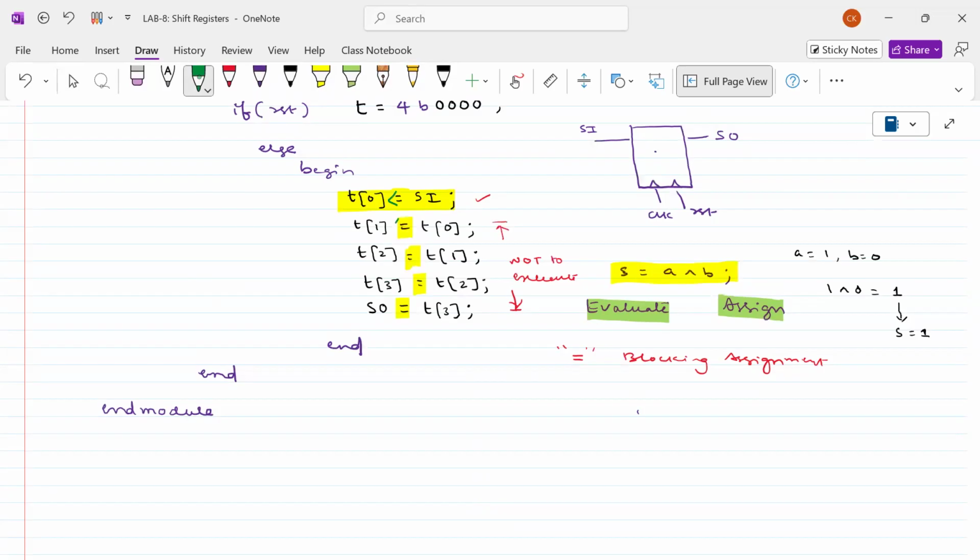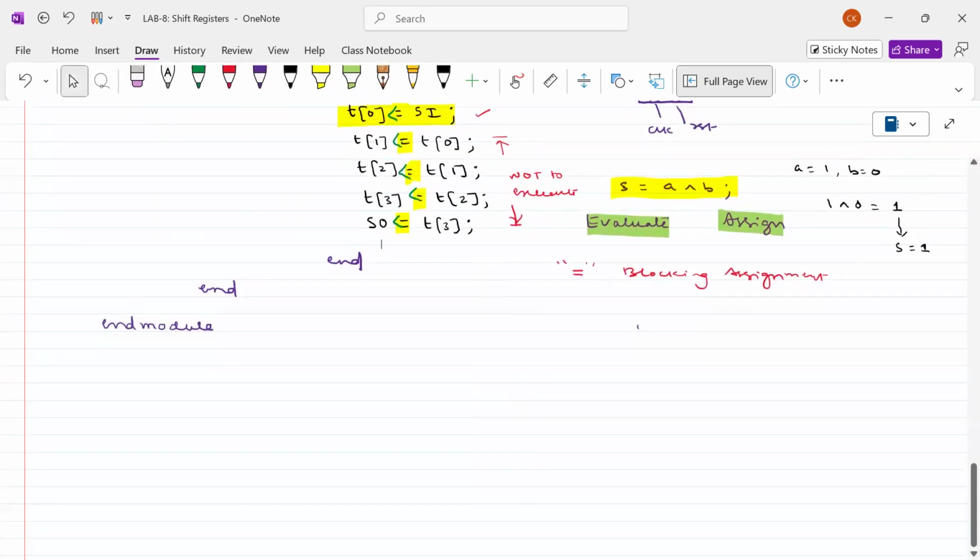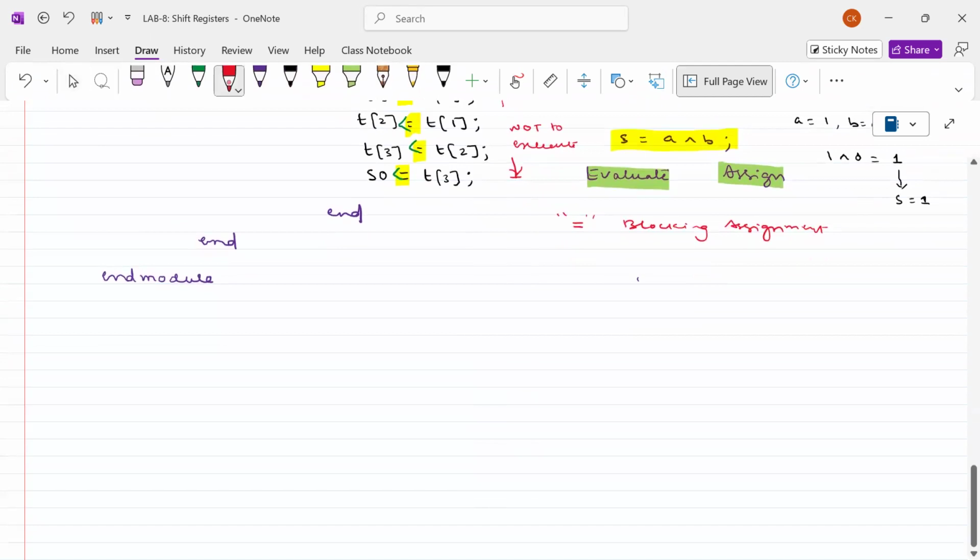By now you are able to understand what the non-blocking assignment is. This assignment cannot block the further statements from being assigned. What it does is first evaluate all the right hand expressions.